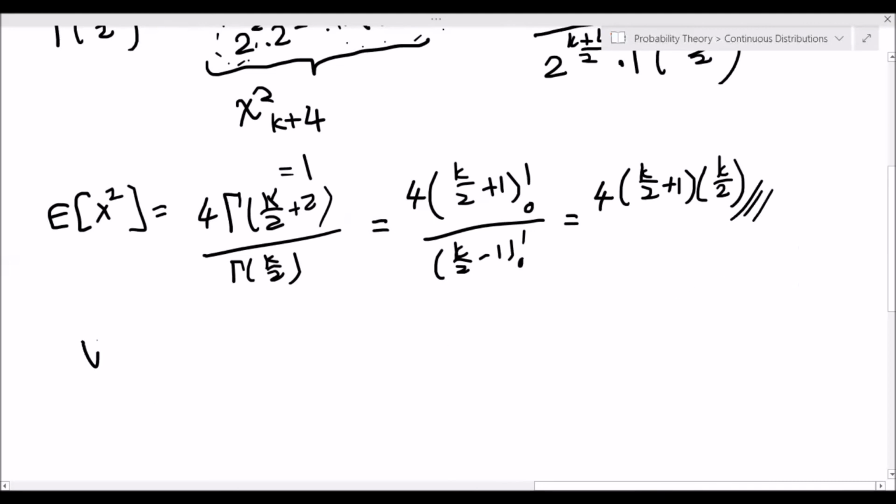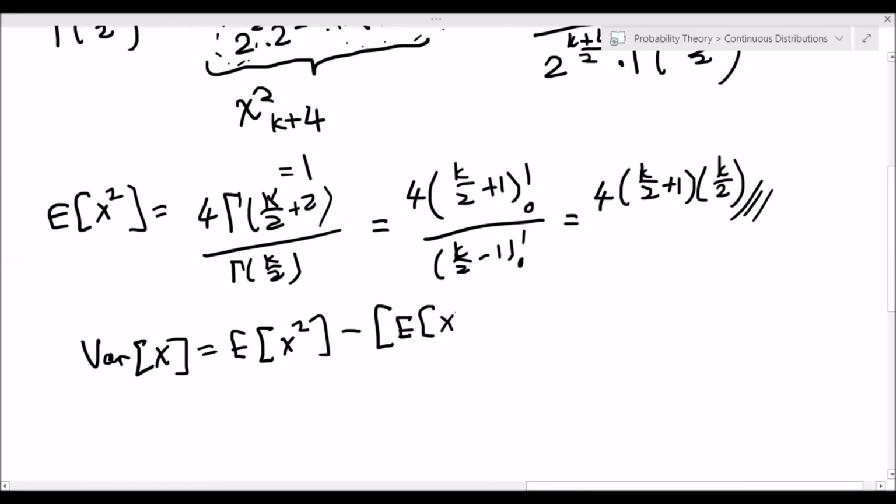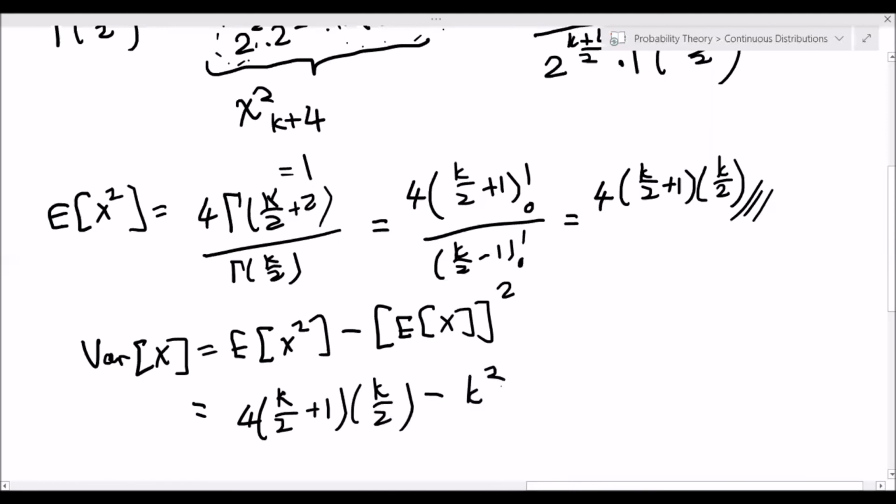So what's the variance? The variance of X is equal to the expected value of X squared minus the square of the expected value of X. And we know that this is 4 times (k/2 plus 1) multiplied by k/2, minus k squared.